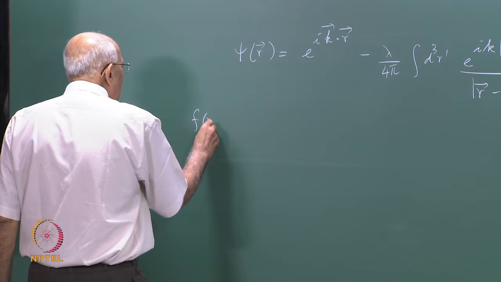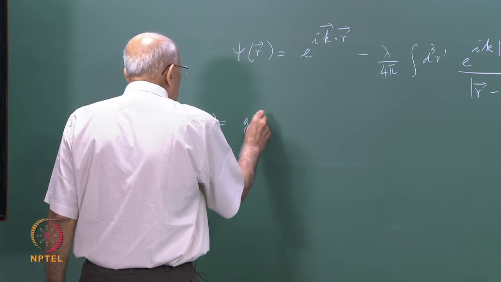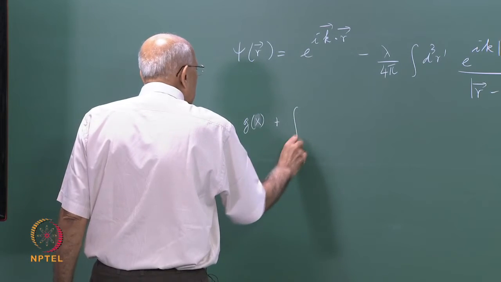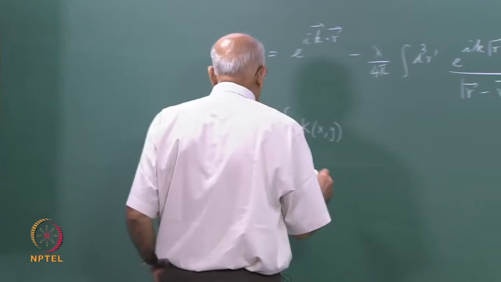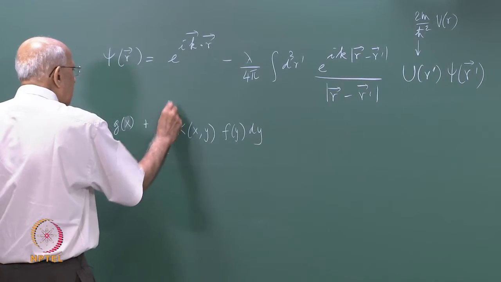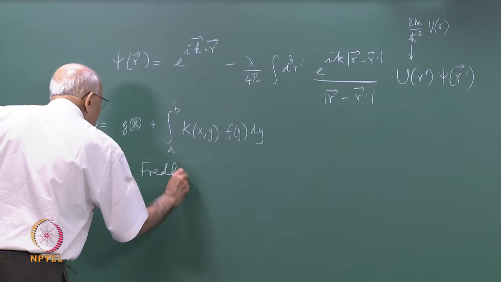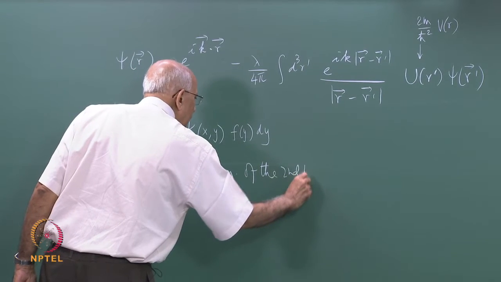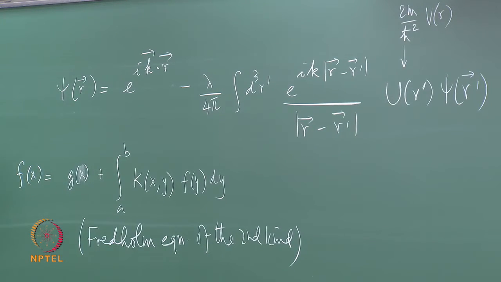If you have an equation of the form f of x equal to some given function g of x, as in the present case, plus an integral of some kernel function k of x comma y times f of y dy over some given range a to b, this is called a Fredholm equation of the second kind. An inhomogeneous Fredholm equation of the second kind.